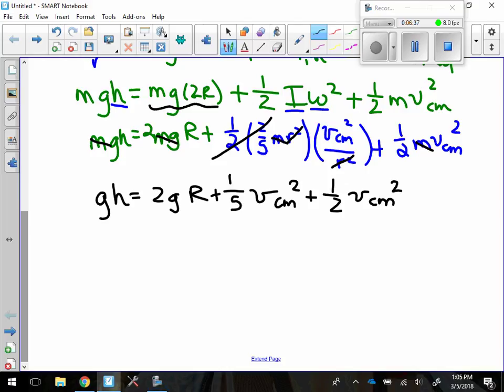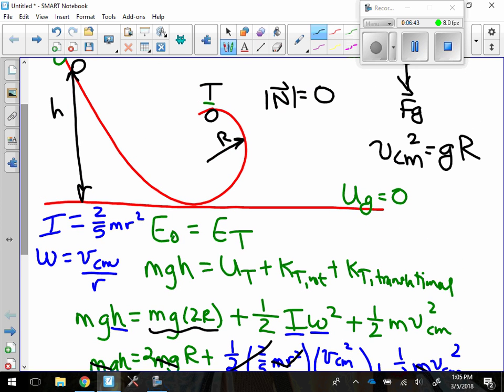This? That's the gravitational potential energy here. Because I let UG grav be equal to 0 at the bottom of the loop.